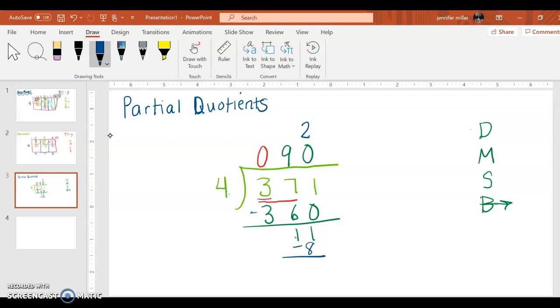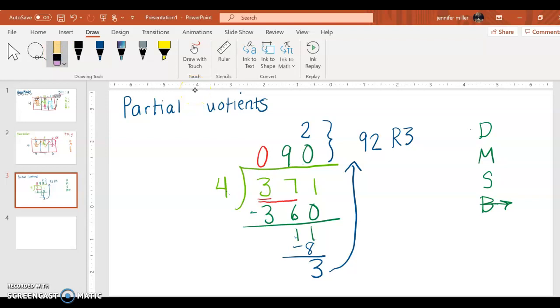I subtract, I get a 3, and then I bring something down. There's nothing left to bring down with a 3, so my 3 comes up. I add these two partial quotients. 90 plus 2 is 92, and then I take that leftover, or that remainder of 3. And again, this is the partial quotients method.